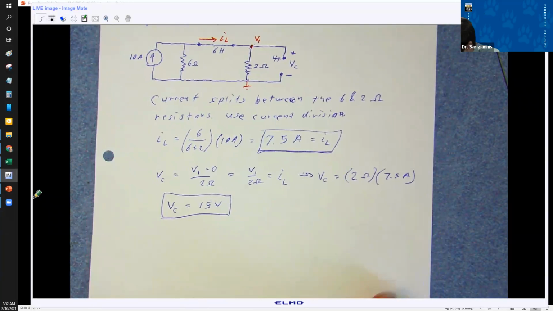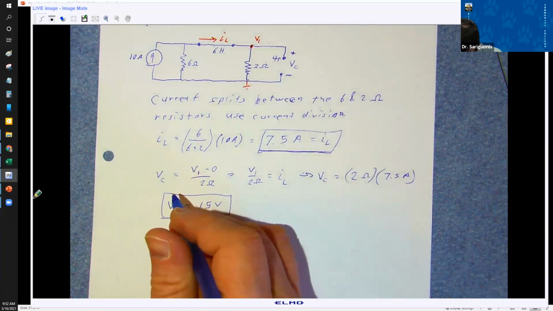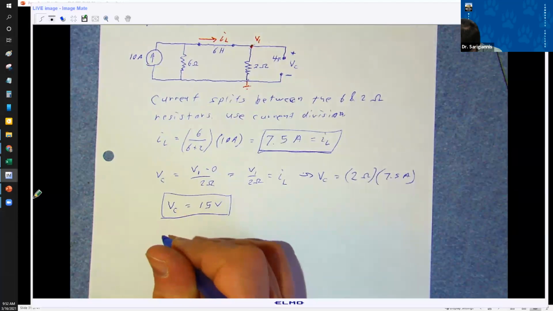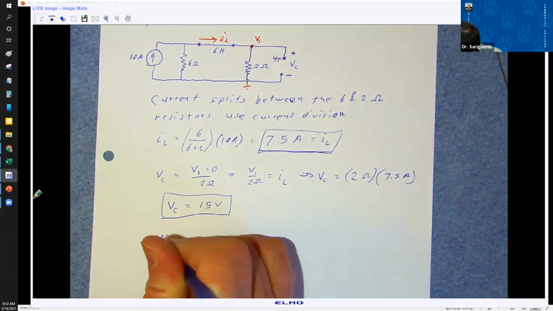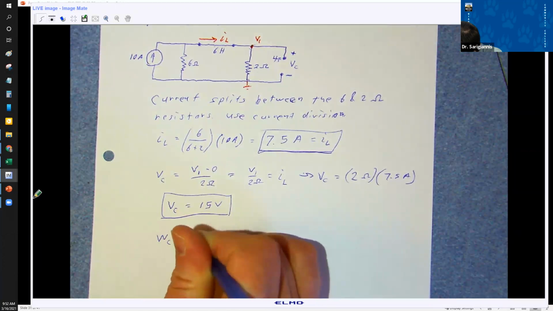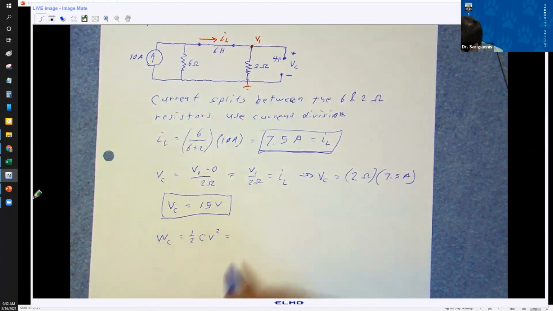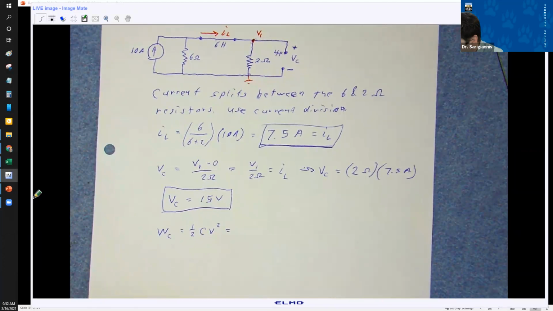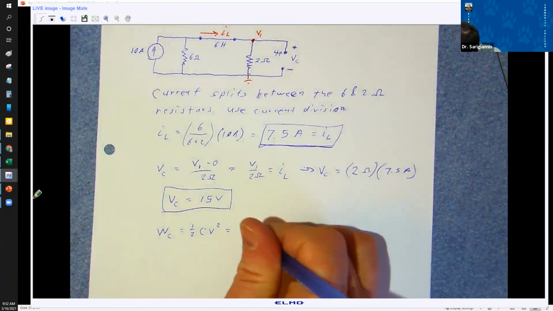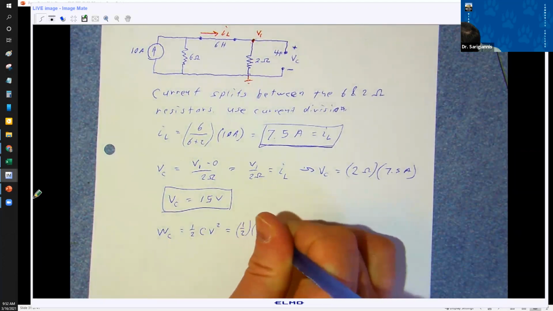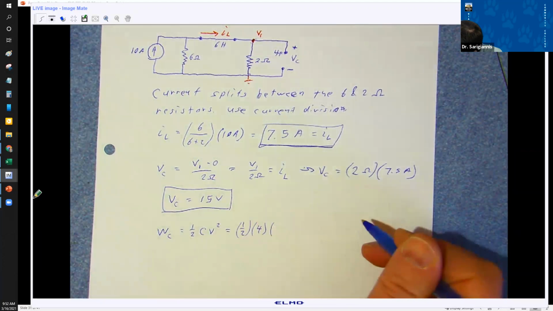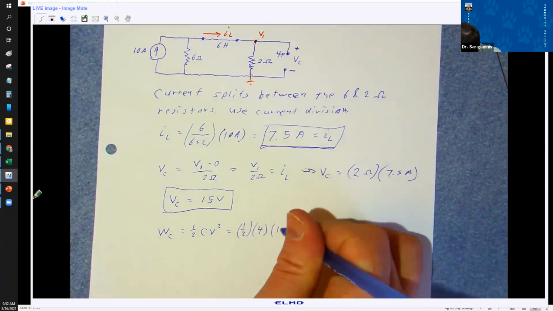We want to find the energy stored in the capacitor and the inductor. So the energy for the capacitor is 1/2 CV squared, capacitance times voltage squared. Here we've got 1/2, a 4 farad capacitor, and a voltage drop of 15 volts squared.